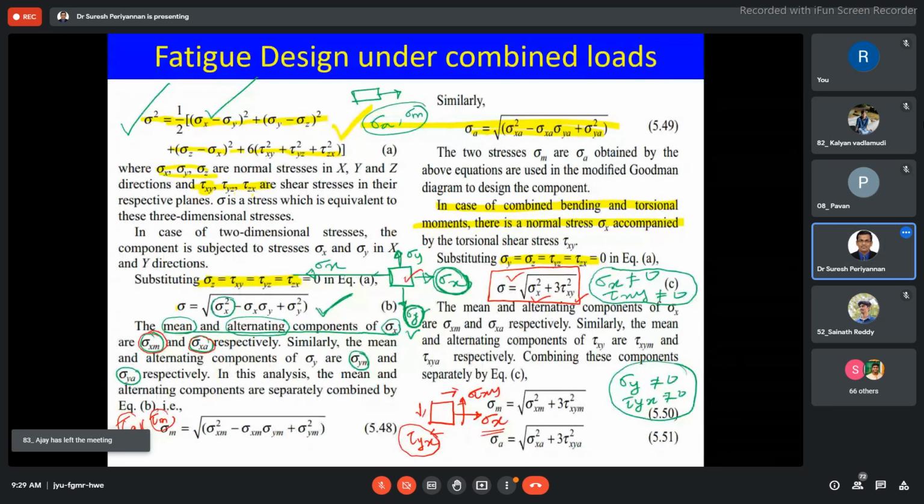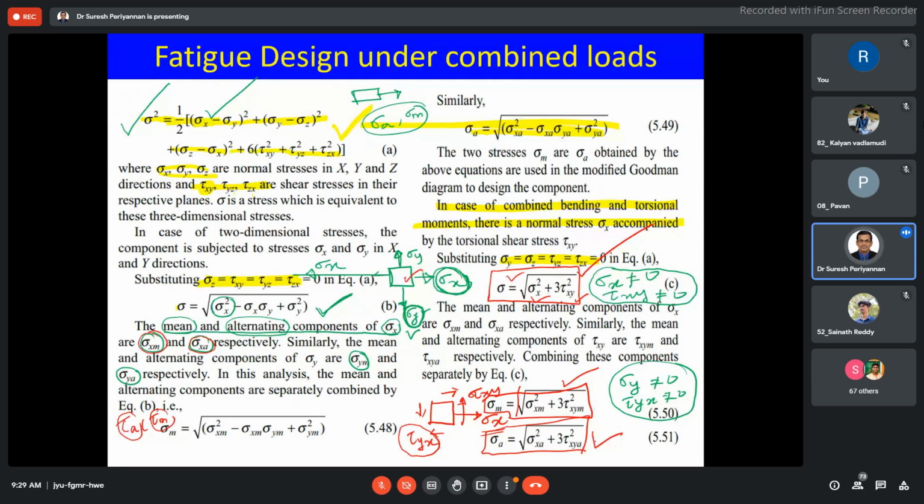Then you take only the m component, the mean stress component, and substitute into this equation. Then this is your mean stress component when the component is subjected to both tensile or bending and torsional shear. Similarly, when I consider the stress amplitude a, this is our equation.